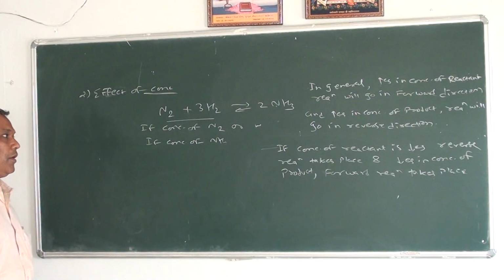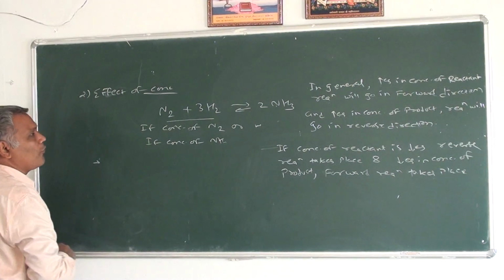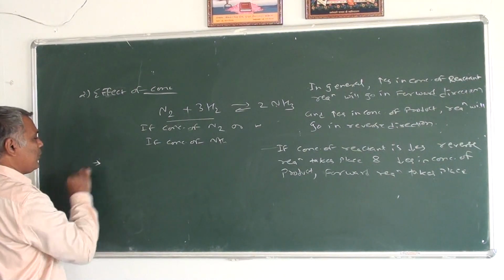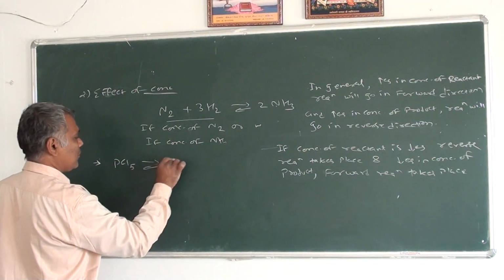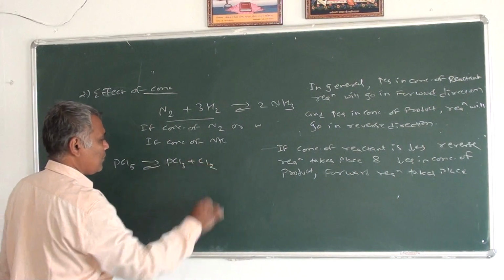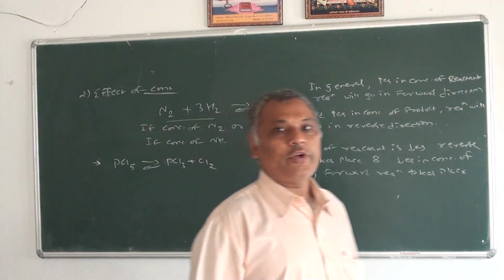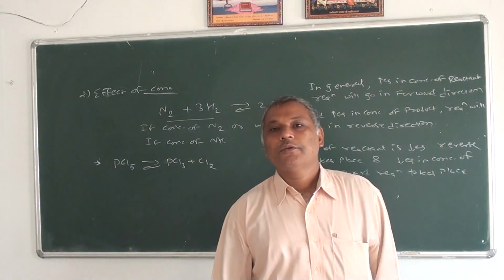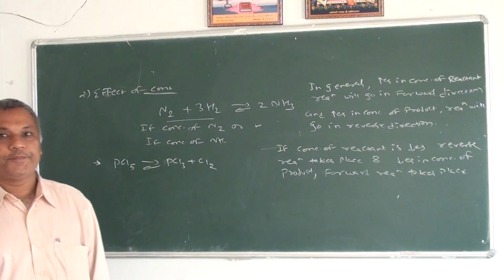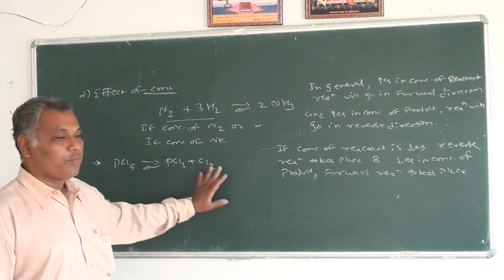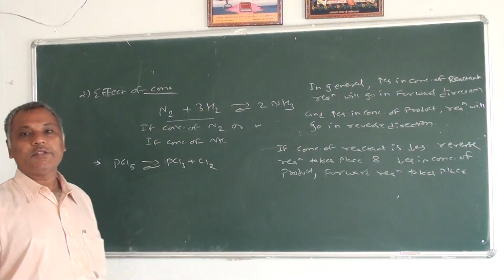Right? Okay. Now, after understanding it, let's have it in the form of a question. Decomposition of PCl5. When the concentration of chlorine is reduced, what will be the direction in which the reaction will proceed? Now this is decomposition. That means PCl5 is dissociated into PCl3 plus Cl2.